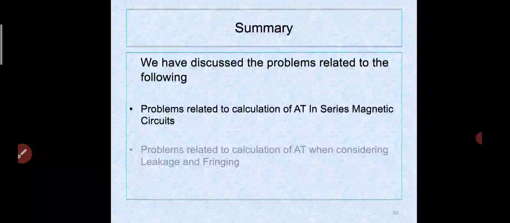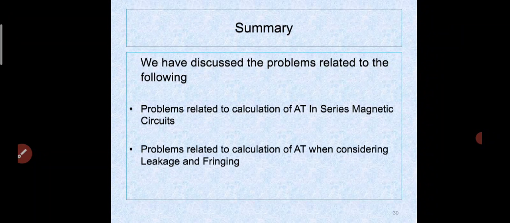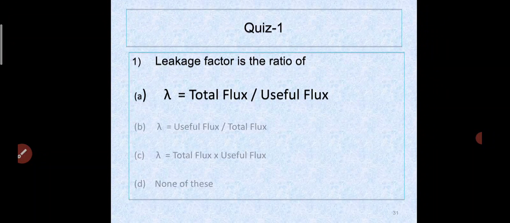Summary. We have discussed the problems related to the following: problems relating to calculation of ampere turns in series magnetic circuits, and problems related to calculation of ampere turns when considering leakage and fringing. Some small quiz.